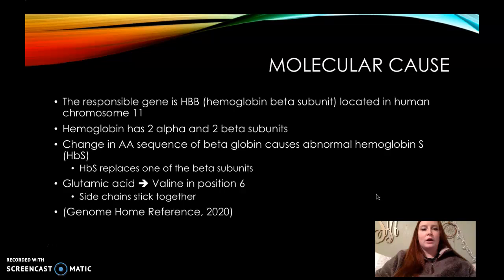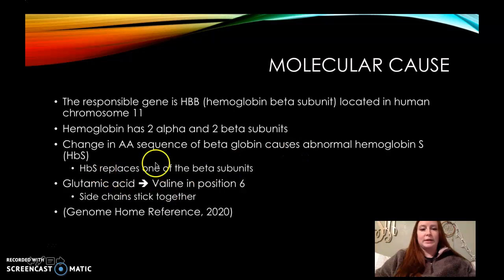So the molecular cause is a mutation in the gene hemoglobin beta subunit, which is located on chromosome 11 in humans. So hemoglobin basically has 2 alpha and 2 beta subunits. The mutation causes a change in the amino acid sequence of beta globin, and this causes an abnormal hemoglobin called hemoglobin S. There's several different types of hemoglobin.